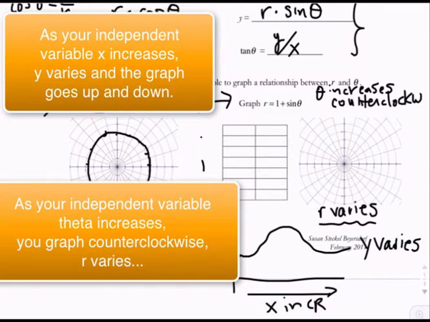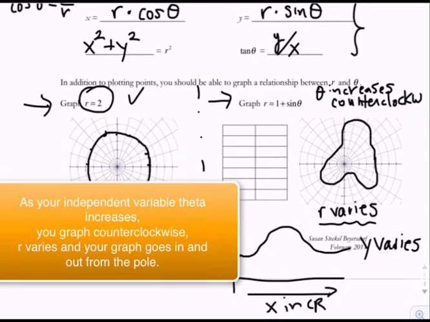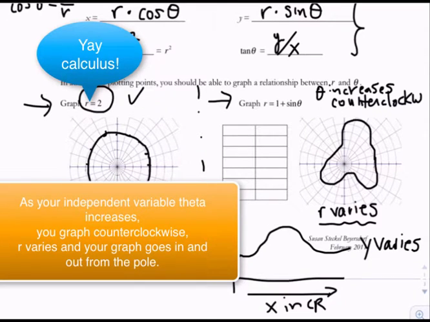But when r does vary, you're going to get some other shape. So you're moving counterclockwise, but maybe your radius gets larger, smaller, larger, smaller, whatever. Okay? And this is calculus. We take things that used to be constant, and now we let them vary more. So we'll be looking at those.